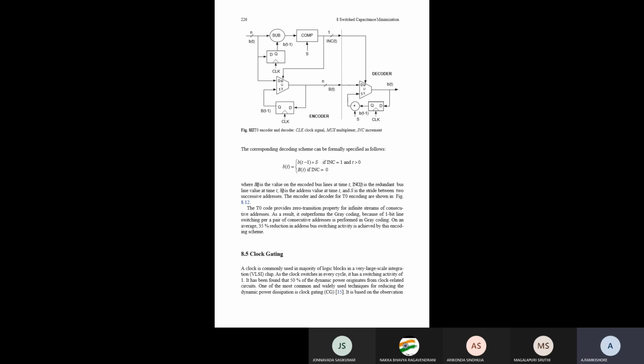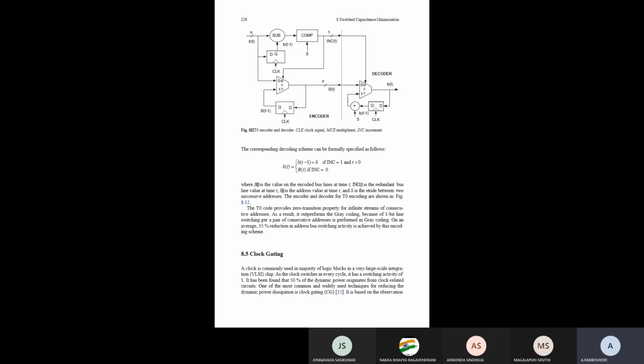Generally, for the clock signals, it has the highest priority. So that's why the clock signal has the switching activity of one. In other cases, it also takes 50% of the dynamic power originating from clock related circuits.